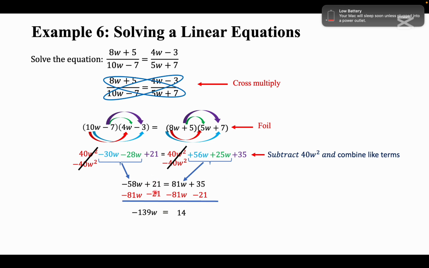This cancels, and this cancels as well. If I combine those two, a negative plus a negative becomes more negative, equals, if I combine those two, 35 minus 21 is 14. Divide both sides by negative 139 to get w equals negative 14 over 139. Check your solution, make sure this works.